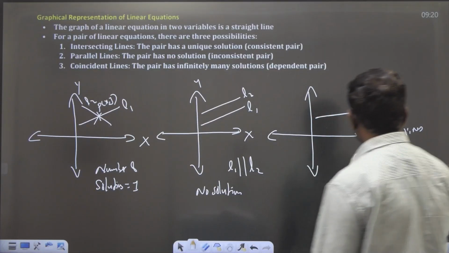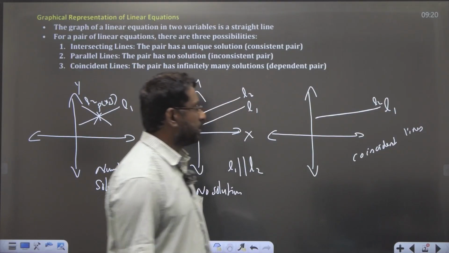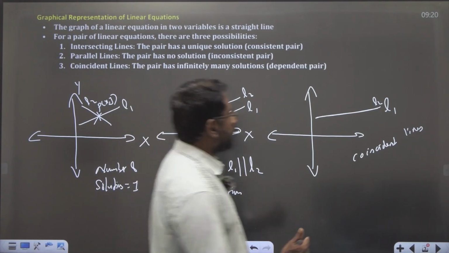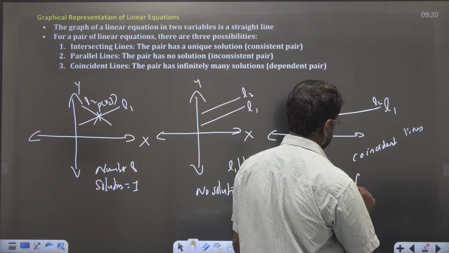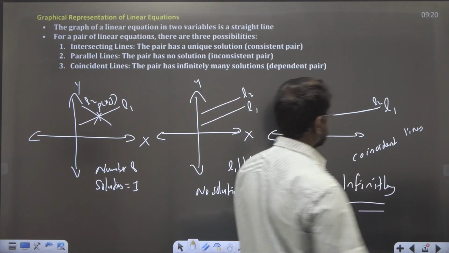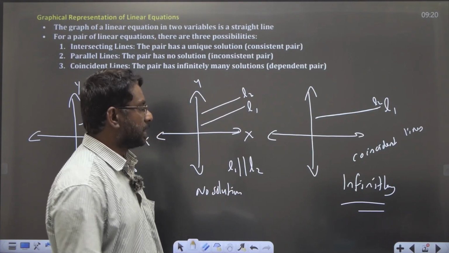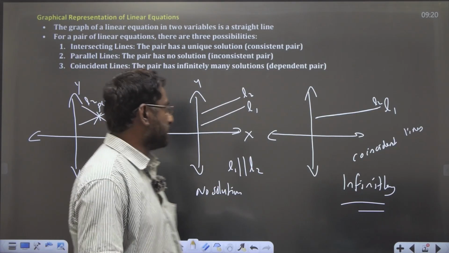If they are coincident lines, there exist infinitely many solutions.